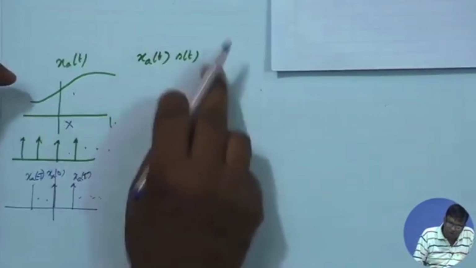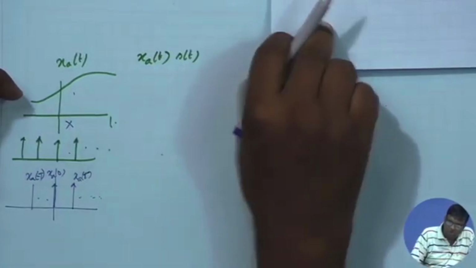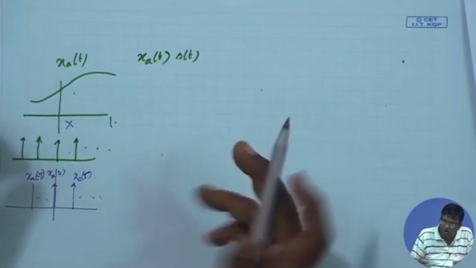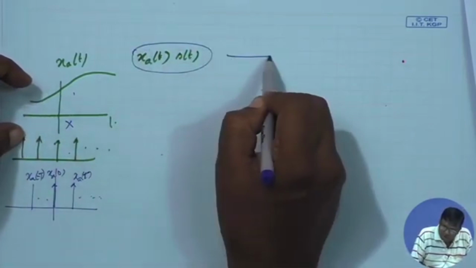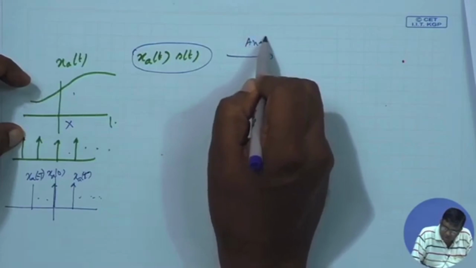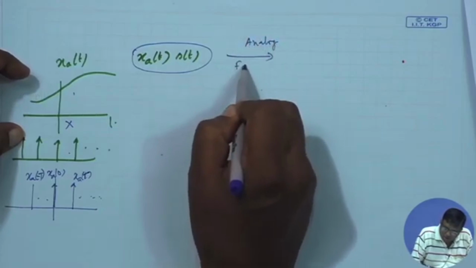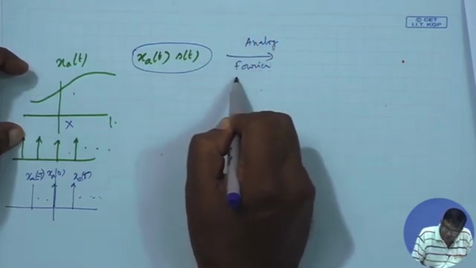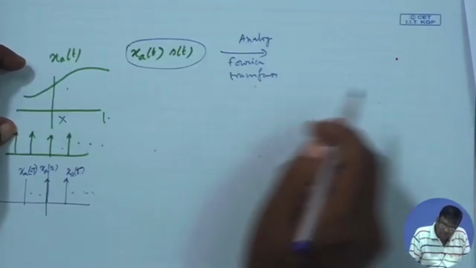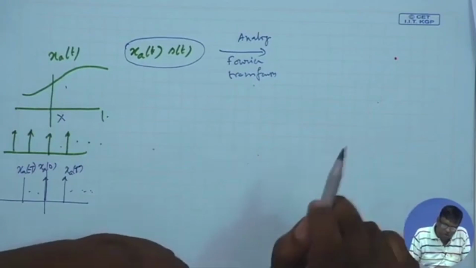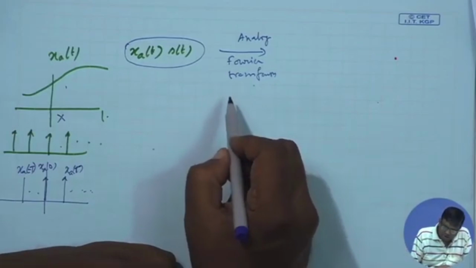So, this is a function I suppose I got. Okay. I am just multiplying for fun. Then on this product function, suppose I want to take its analog Fourier transform. Okay, what will we get? That is the question.